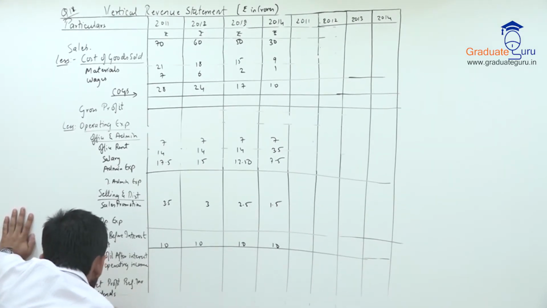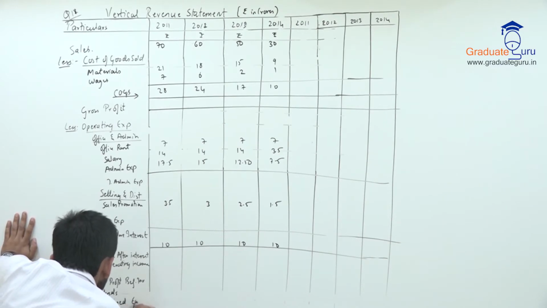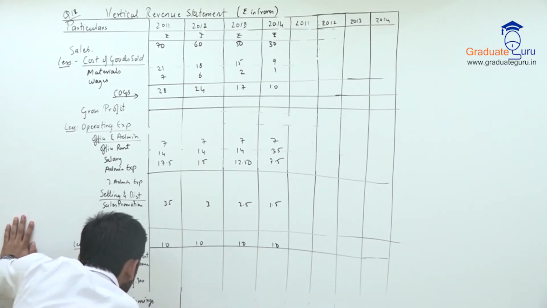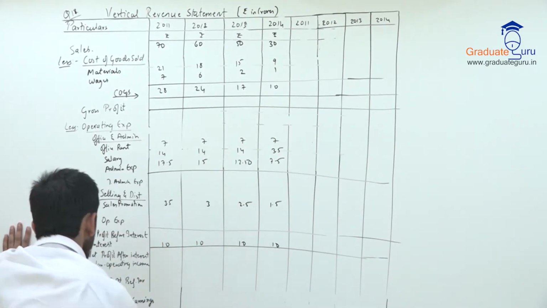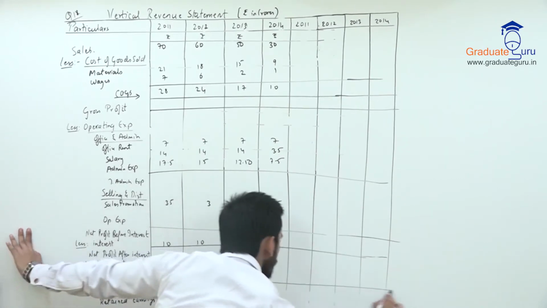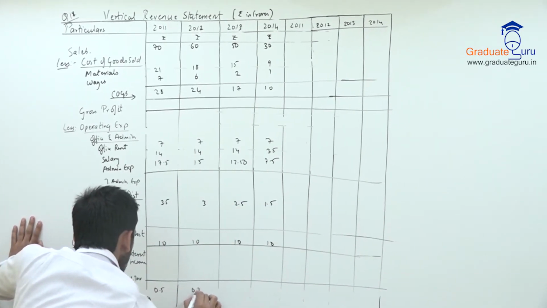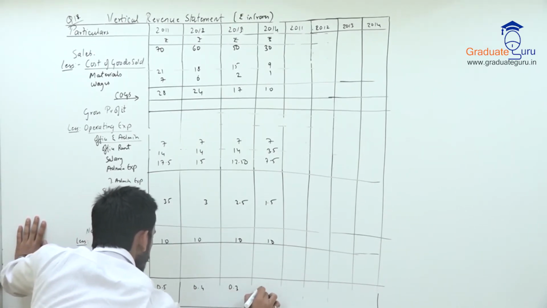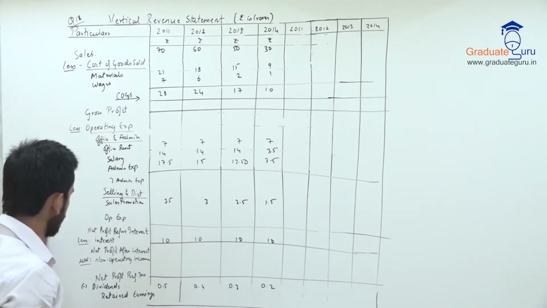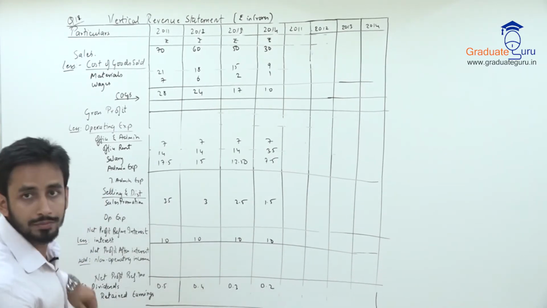So we'll get retained earnings. And now your question will end over here. So the dividends they have said are 0.5, 0.4, 0.3 and 0.2. We are done with the question.